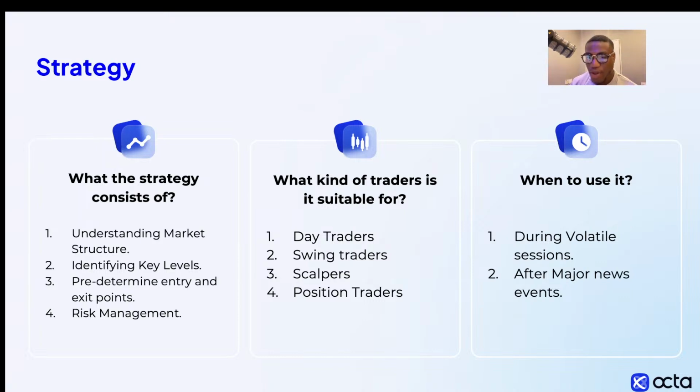You can use your horizontal lines to identify key levels, your moving average, your Fibonacci retracement tool. Support and resistance can also be confirmation for key levels as well, because again, the market works based on supply and demand. So there are areas where there will be supply, and the market could still go back there to get supply again.